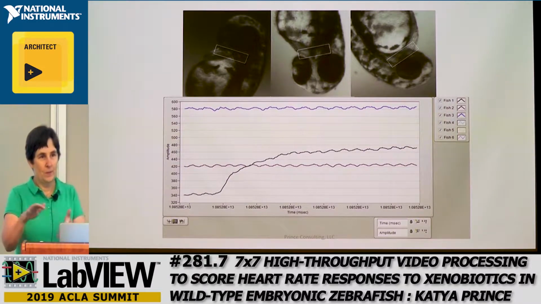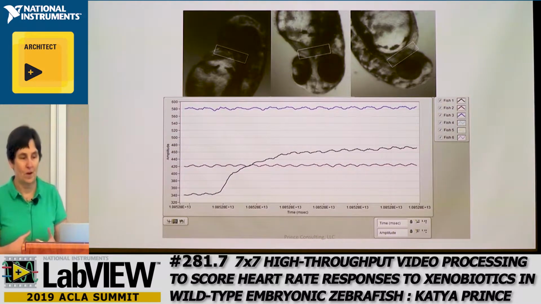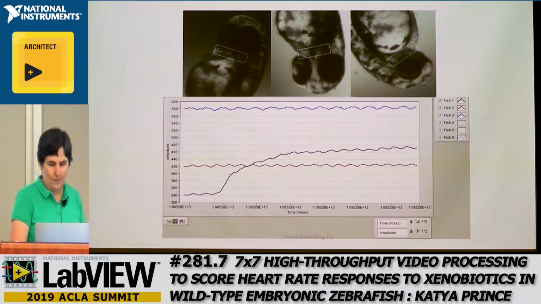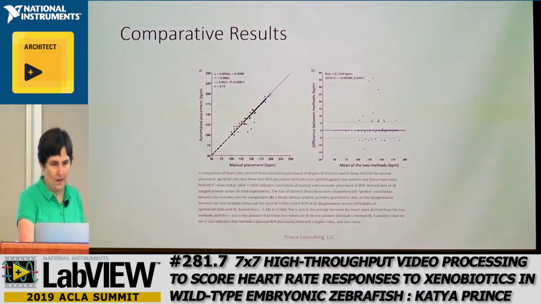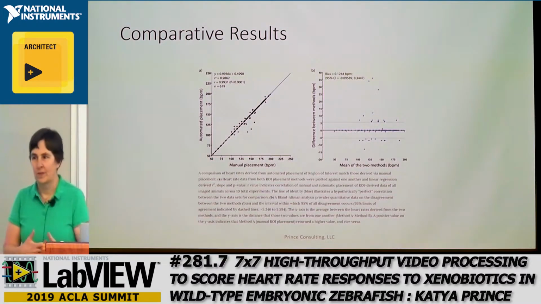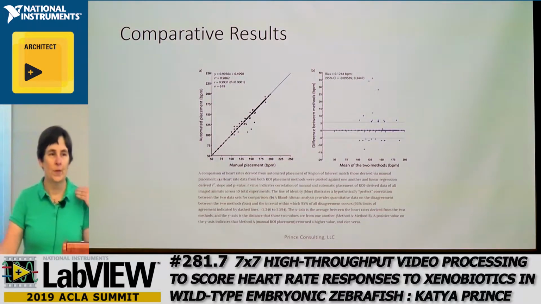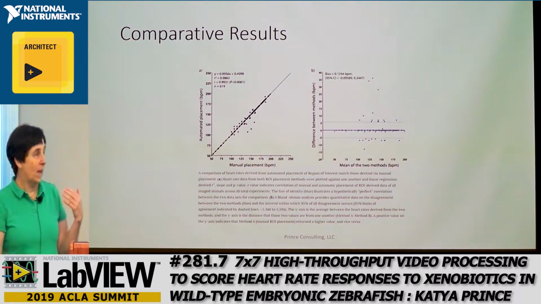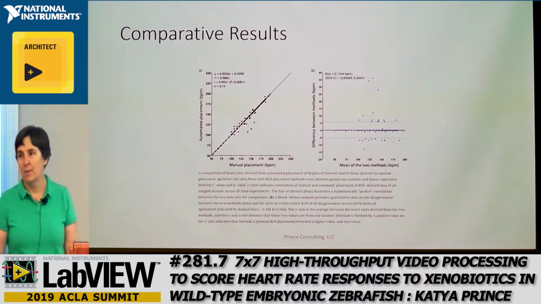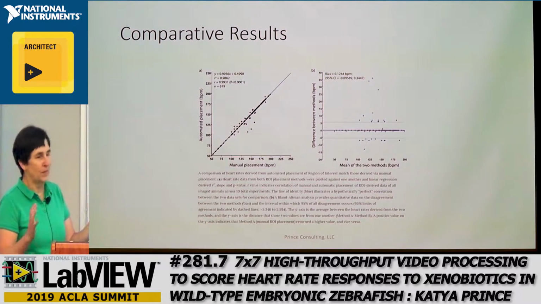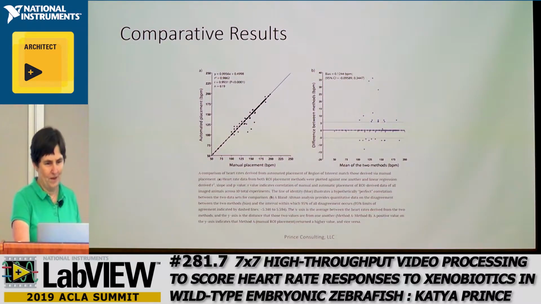They did have some stuff in the analysis, so even if the fish moved a little bit, they still could process the heart rate. And so they ended up running a paper on this and looking at the comparative results of doing it automated or manual, and the data basically came out about the same. There were probably some iffy fish in the middle there, which accounts for the scatter.